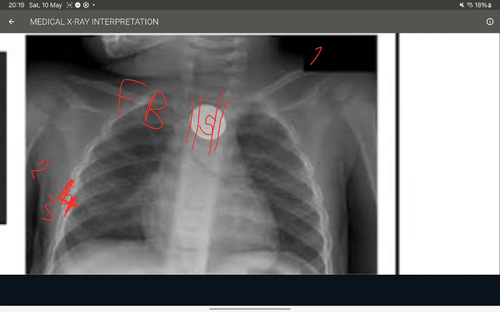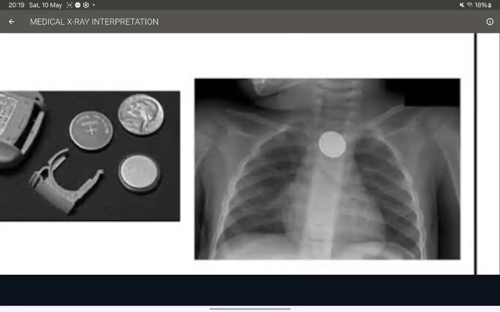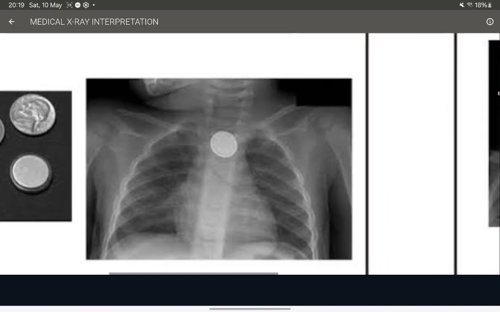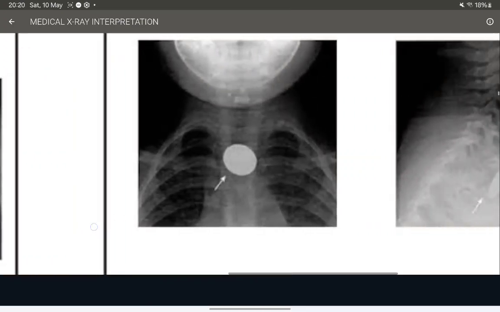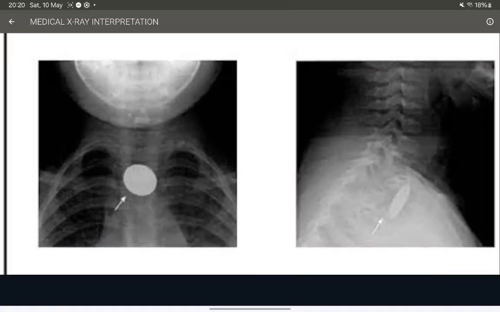You need to request a lateral chest radiograph to specify whether this coin is situated in the trachea or the esophagus. And we move to the lateral chest radiograph, which appears clearly that the coin is situated anteriorly.